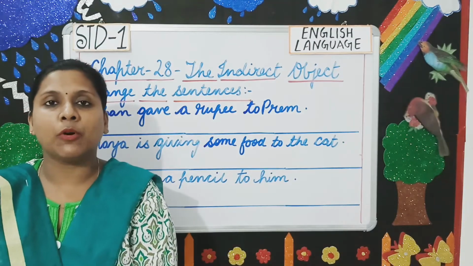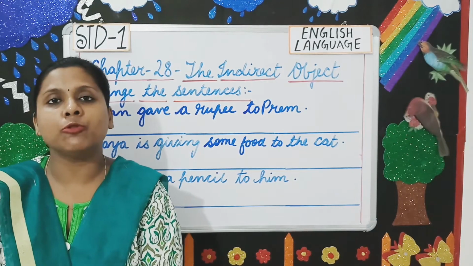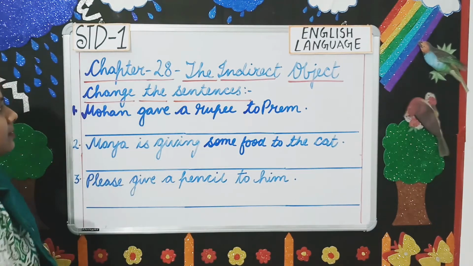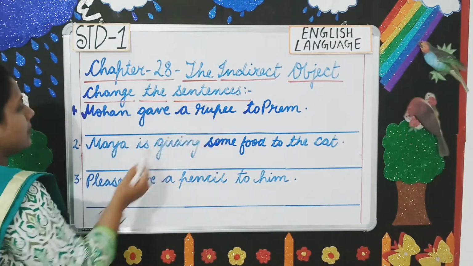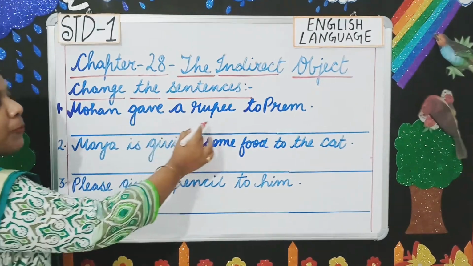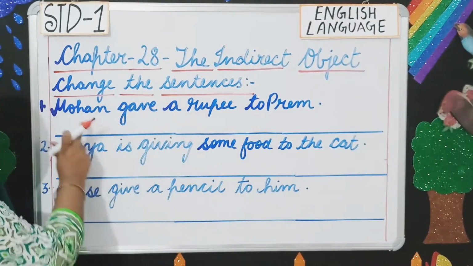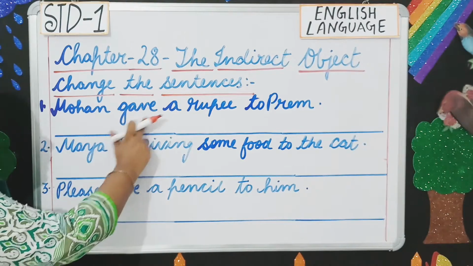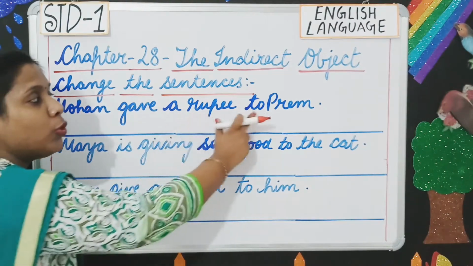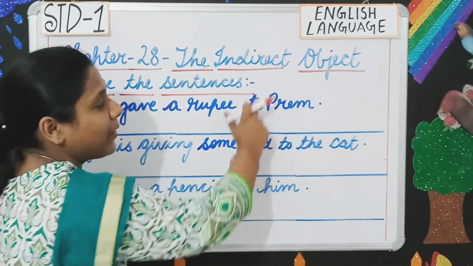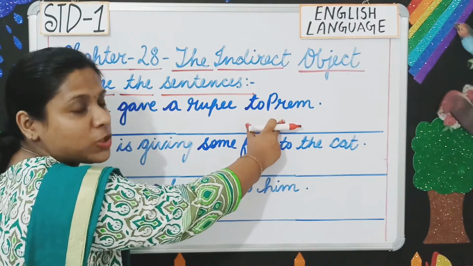Now, let us see some examples of how to change the sentences. Change the sentences. Mohan gave a rupee to Prem. Now here, Mohan is giving a rupee. To whom? To Prem. So here, Prem becomes the indirect object.